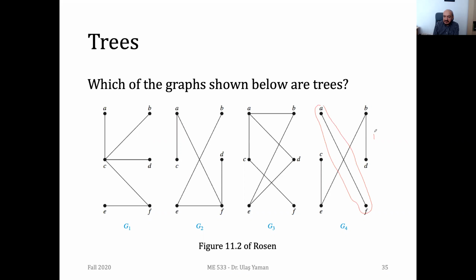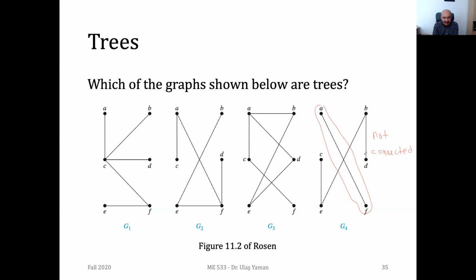So I cannot say that this is a tree. So for a tree, the first thing is that it should be a connected graph, and then the second requirement is that it shouldn't have any circuits inside.